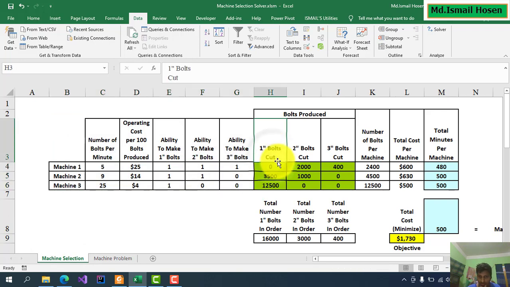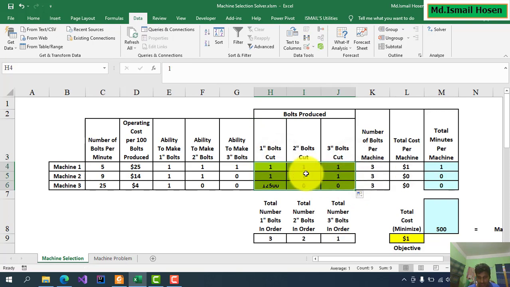Now we can say there's a 1-inch bolt. Let's suppose the ability to make a 1-inch bolt is 1. Let's suppose we are going to use this pattern this number of times, so let me put 1 for every number. Okay, so we are going to use one of this, one of this, one of this.